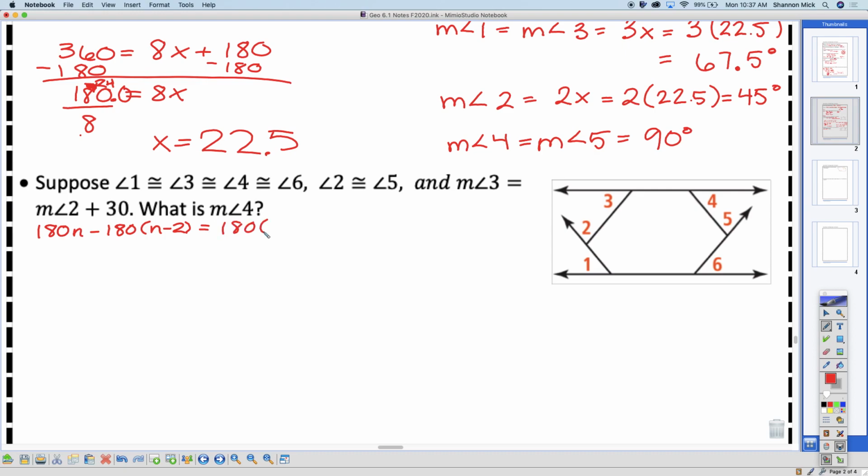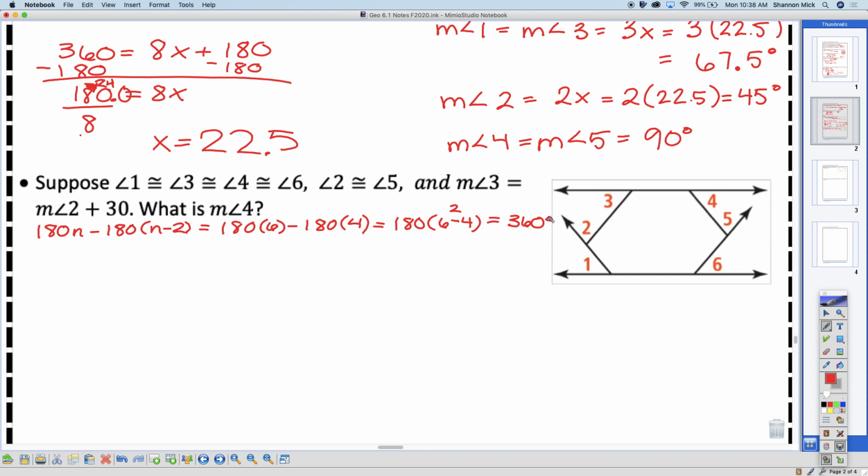So 180 times 6 minus 180 times 2. We factor that 180 out to make this easier: 180 times 6 minus 4, which is 2, which is 360.